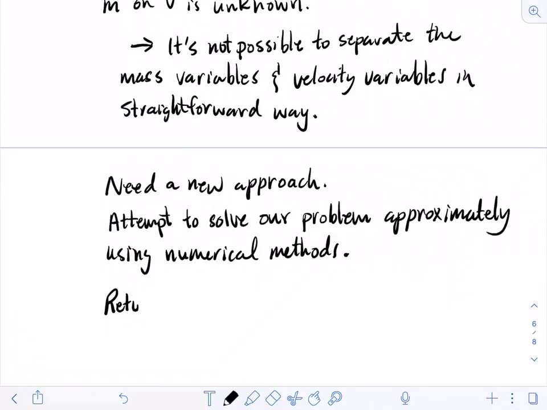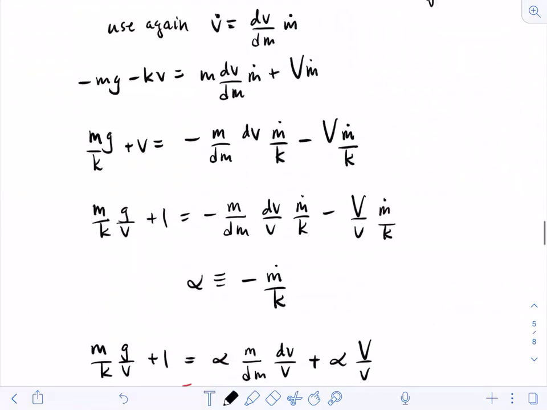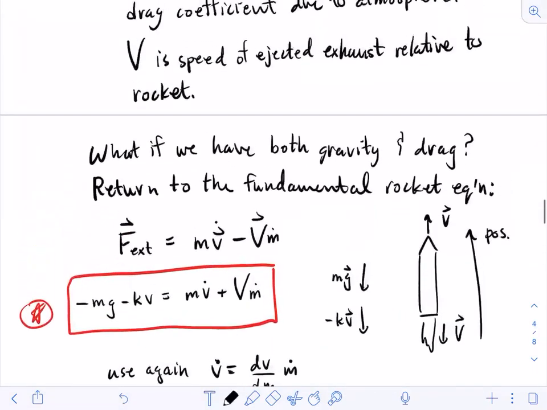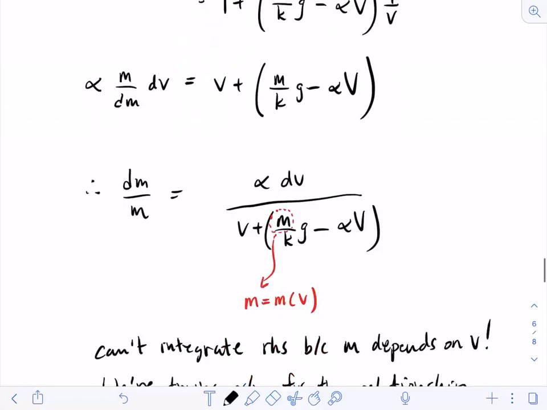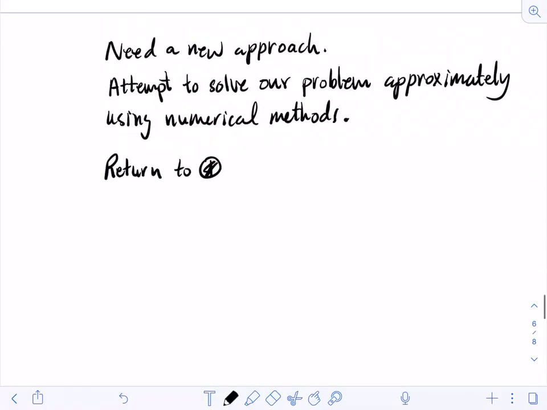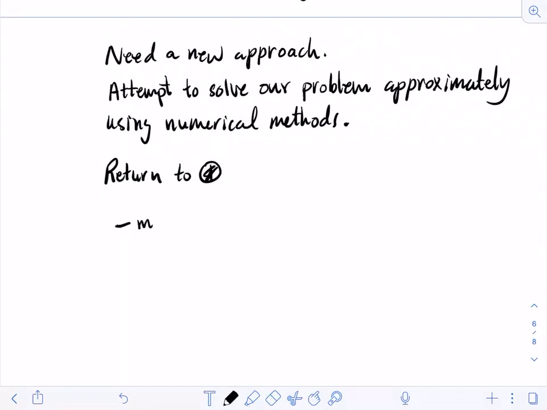So as I advertised, what we're going to do is return to equation star. And so we put that in a red box, and there it is. So it's minus mg minus kv is mv dot plus vm dot. Okay, so we'll rewrite equation star. Minus mg minus kv is equal to m, and it was v dot plus v m dot.